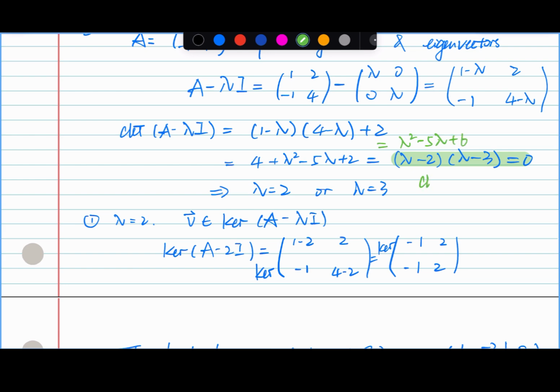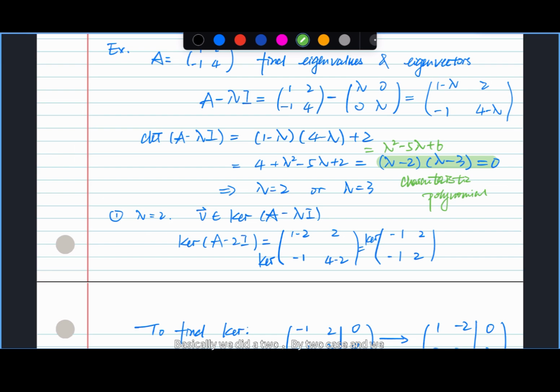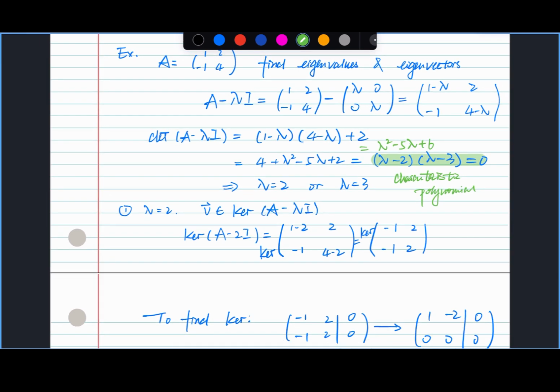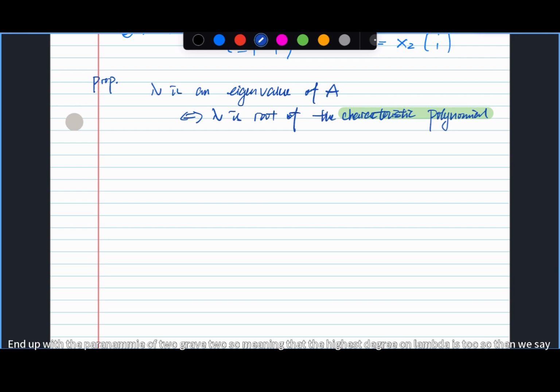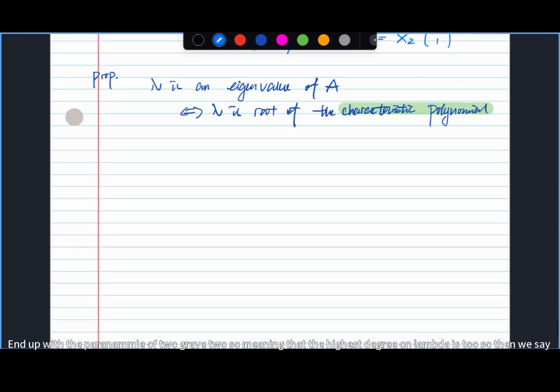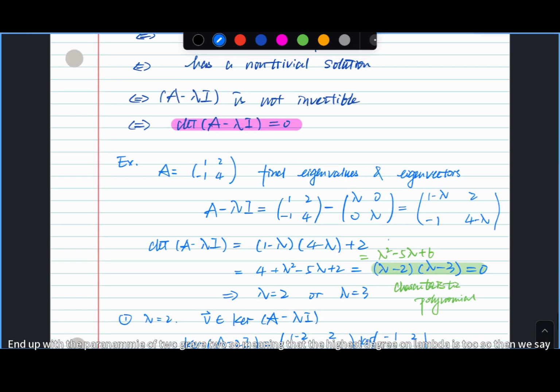Basically we did a 2 by 2 case and we end up with a polynomial of degree 2. Yep. So that means the highest degree on lambda is 2.